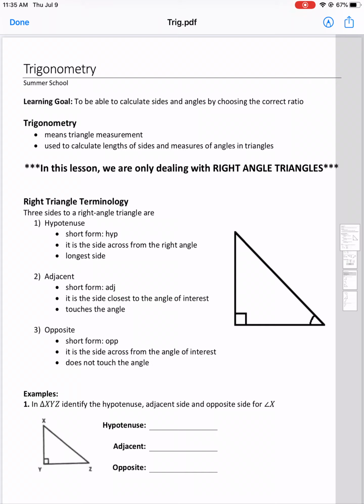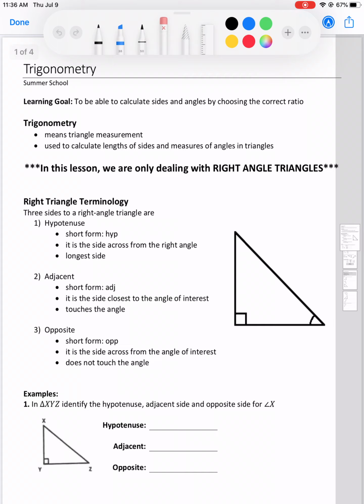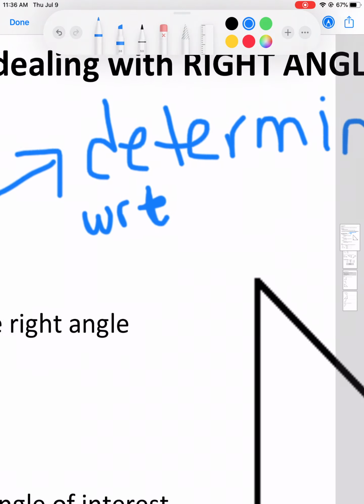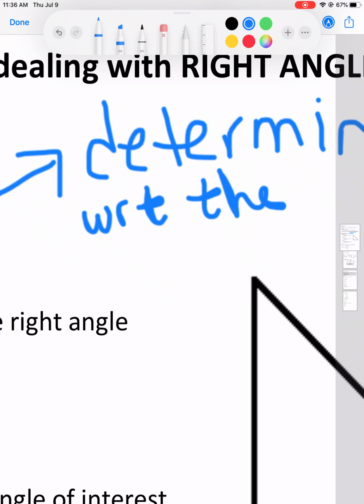Okay, so the 3 sides to a right angle triangle are the hypotenuse, the adjacent, and the opposite. The one thing that you need to know is that whenever we're determining a side, it's always determined with respect to the angle.